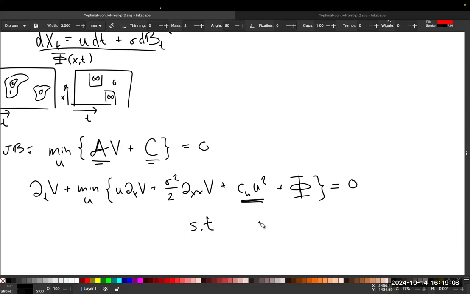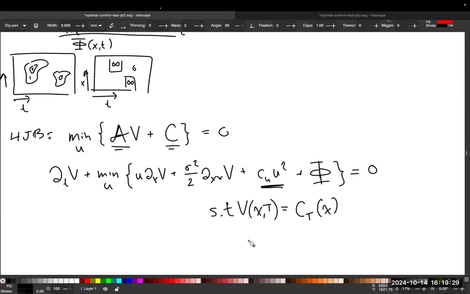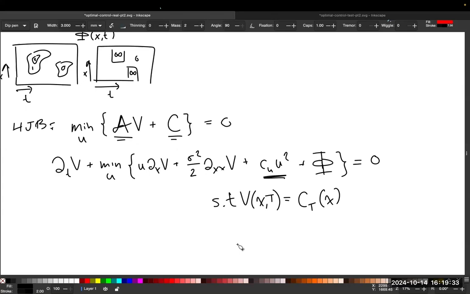So I'm going to write an arbitrary CT x, and that's going to be our V x capital T. So we'll specialize this to the case where we have quadratic terminal costs, but when we look at the Cole-Hopf transform, we'll just look at it in this more general case so we see the full generality. Or we approximate the full generality of this transform.